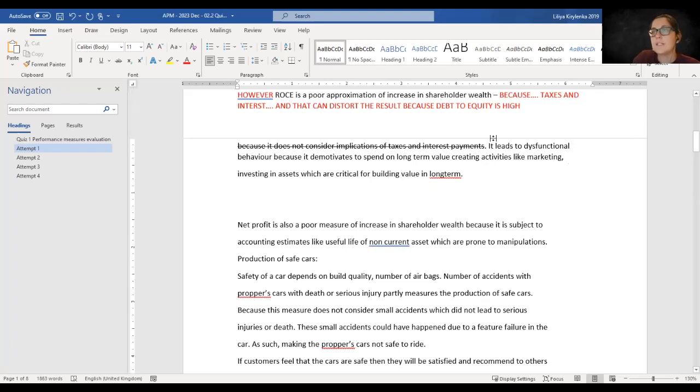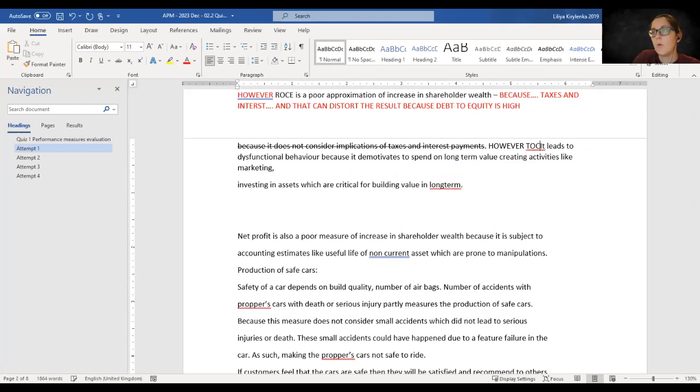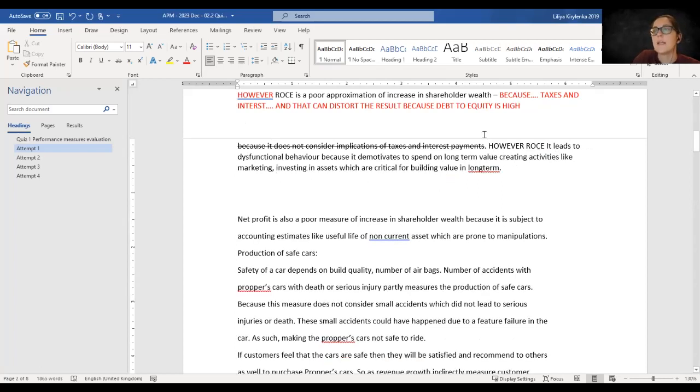As for dysfunctional behavior, you need to say that, however, return on capital employed leads to dysfunctional behavior because it demotivates spending on long-term value-creating activities like marketing, investing in assets that are critical for building value long-term. Why? You need to explain why. So you need to say because.